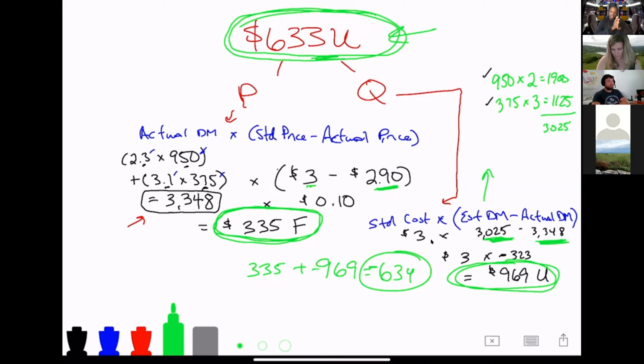But before I do that, I want to ask you all a question, right? So think about what happened here. It's got a bunch of numbers sitting here, but what happened? Can you articulate what happened? Are you saying with the total with 969?